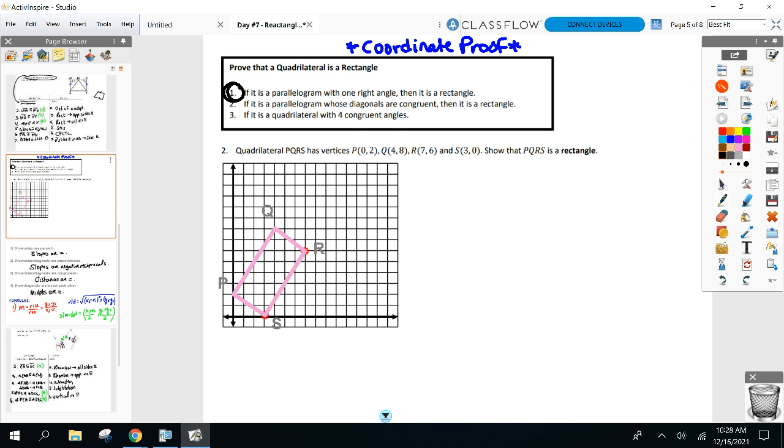All right, we need to make a class decision here. Homework tonight, you can make your own decision, but in class we're all going to do it the same way. How are we going to show it's a parallelogram? The answer to that is, it depends on you. Do we want to show opposite sides congruent, or opposite sides parallel?